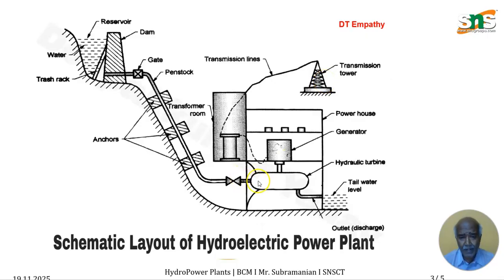After the water rotates the turbine blades, it is collected in a sump and discharged to the tail water level, so that it passes through the river for agricultural purposes. Here, the potential energy is converted to kinetic energy in the pipeline, kinetic energy to mechanical energy, and mechanical energy to electrical energy.